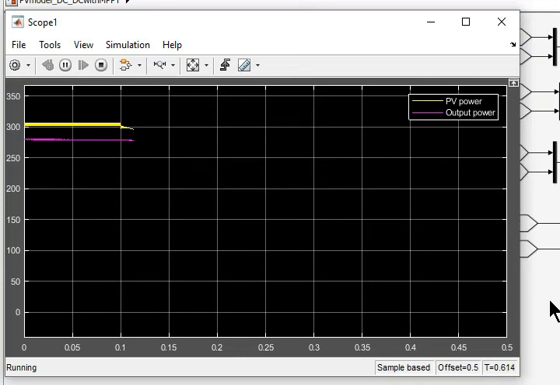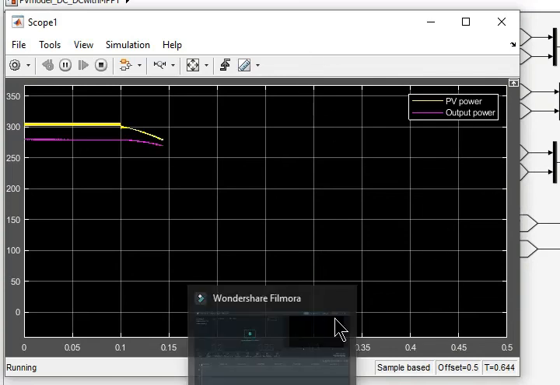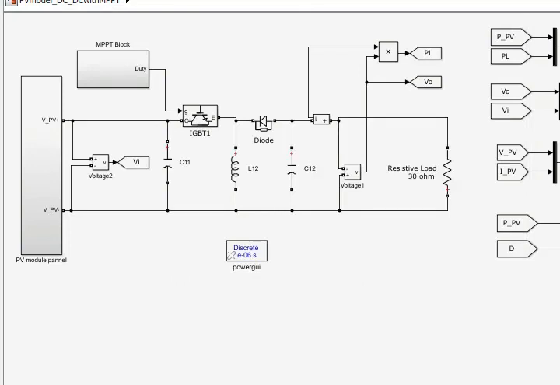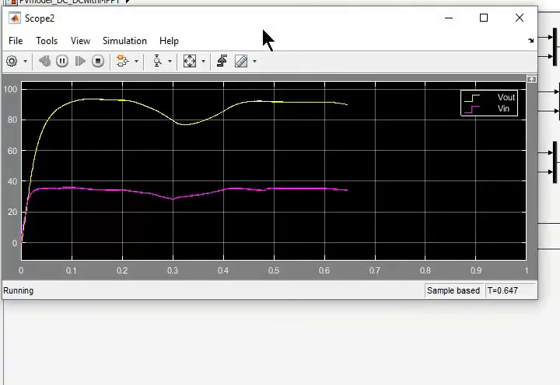Simulation is still running, I think. If you can see, the yellow one is the output power of the PV, and the lower one is the output power that was delivered to the load. Similarly, if you see the other graph plots, this is the output voltage and this is the input voltage. This is the boost converter input.